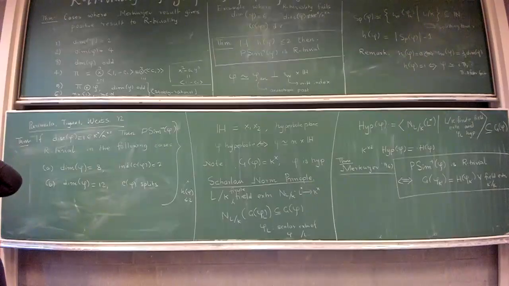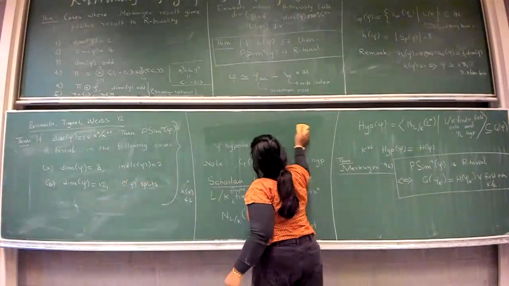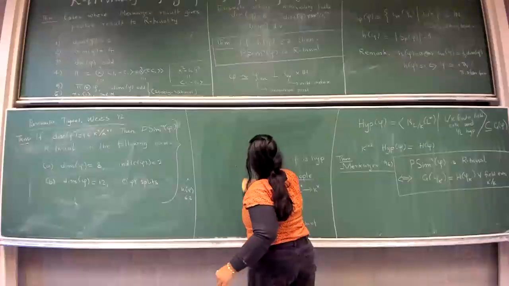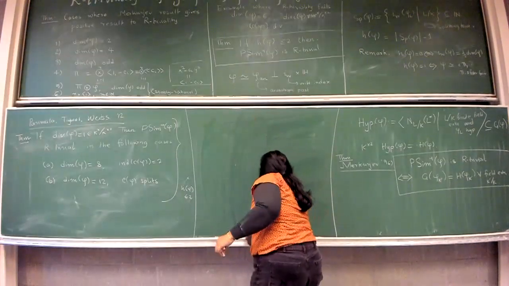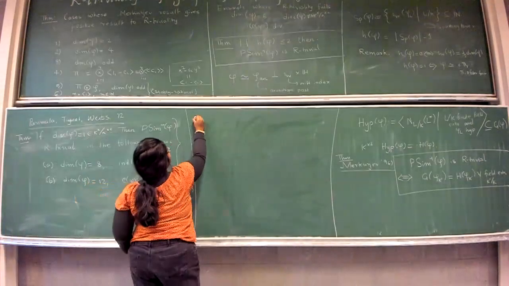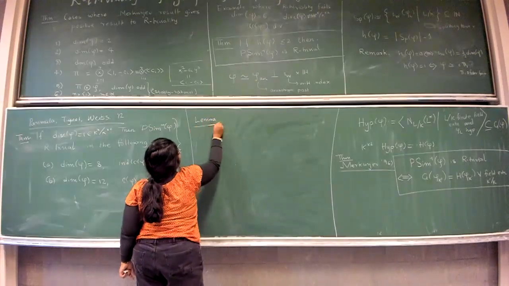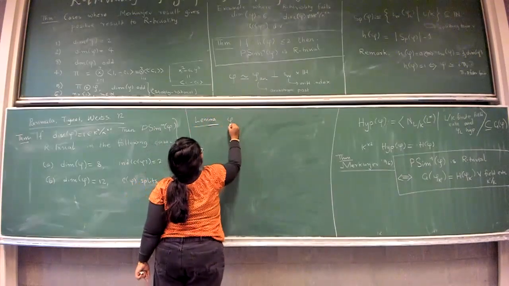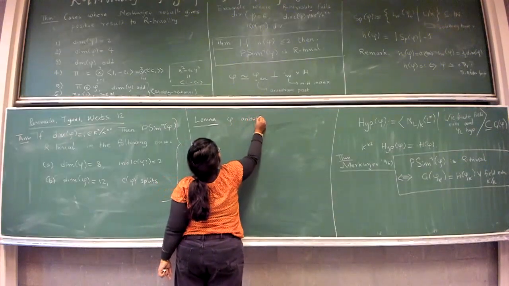So now I would like to go back to prove the theorem. Before that, I would like to state some instrumental lemma. So you are just taking an anisotropic form.